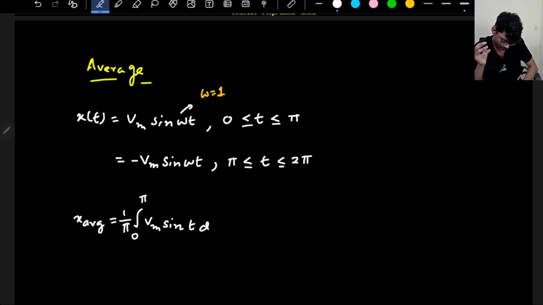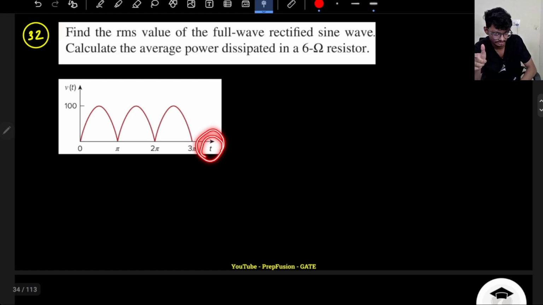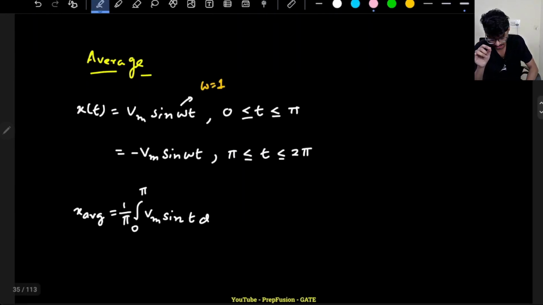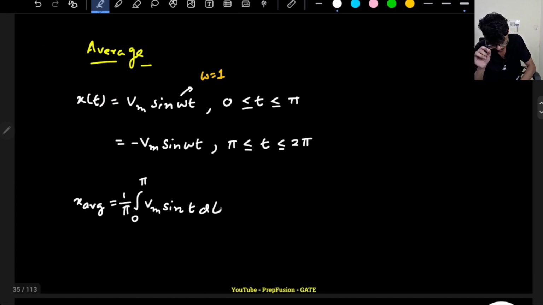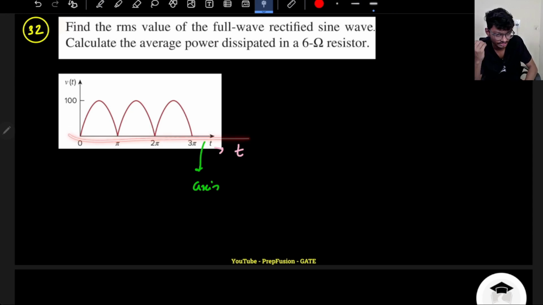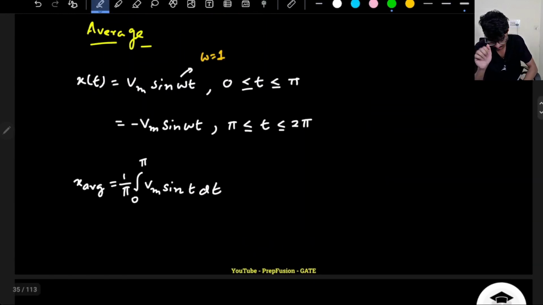Here they have provided the time axis, so the axis is time, it is not omega t, so that's why I am integrating with respect to time. Whatever the x axis is, with respect to that only you integrate. So that's why this is 0 to pi sin t dt, and the integration of this is very simple.